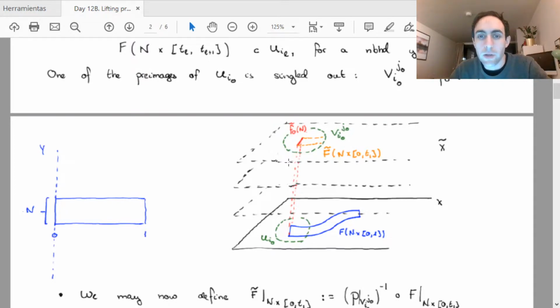This is my favorite preimage of U_i0. And now, sure, I know how to lift this tiny piece, but now it's immediate. I can just take this whole part of N times [0,1], and lift it by the homeomorphism that identifies U_i0 with V_i0j0. All right, so I've defined my lift. Well done.